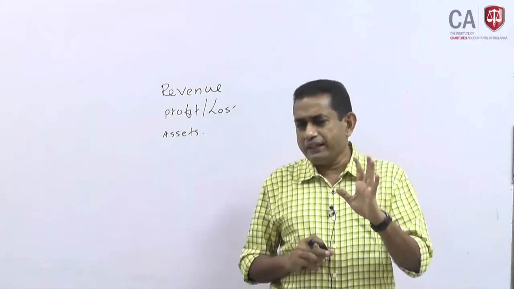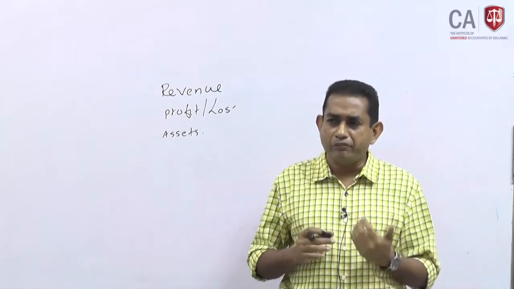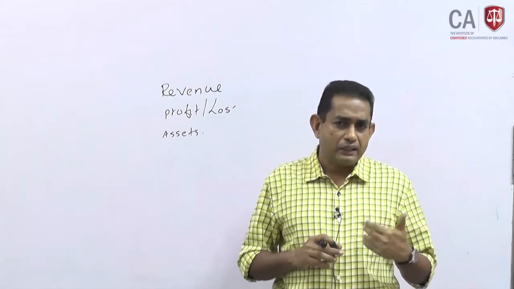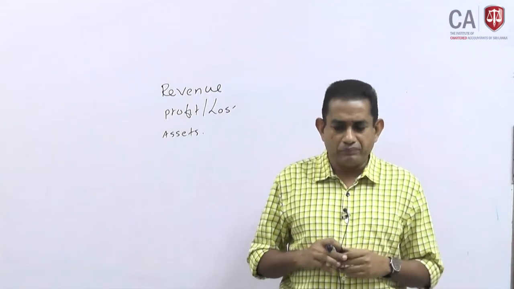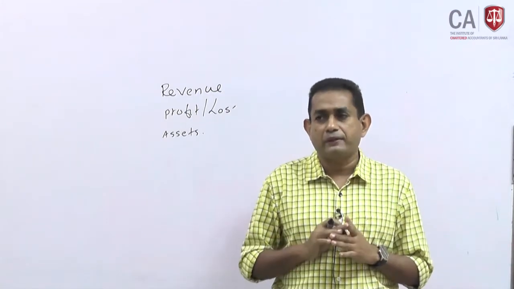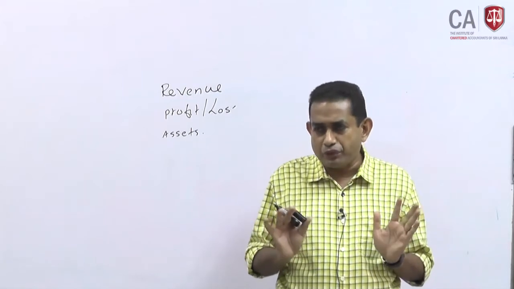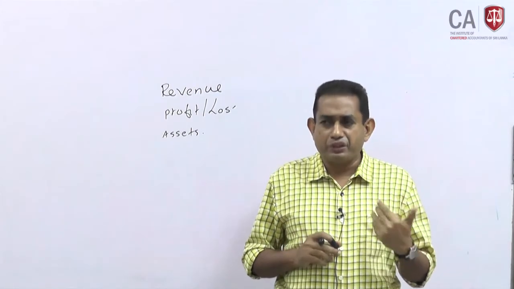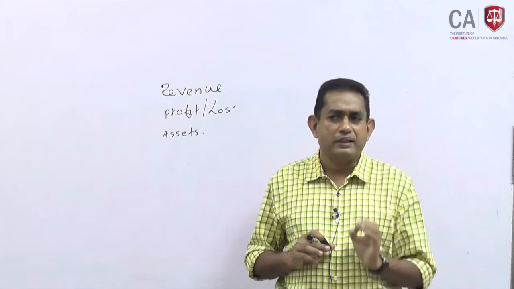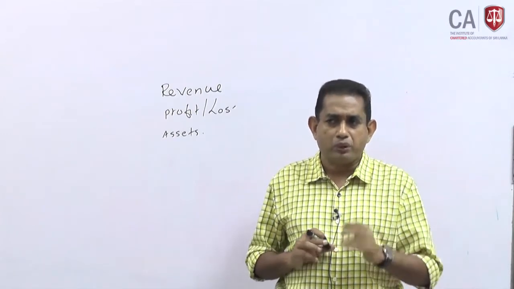The way it is articulated in the standard looks a bit complicated, but let me give you some illustrations and then you will get it right. That segment should be considered a reportable segment.